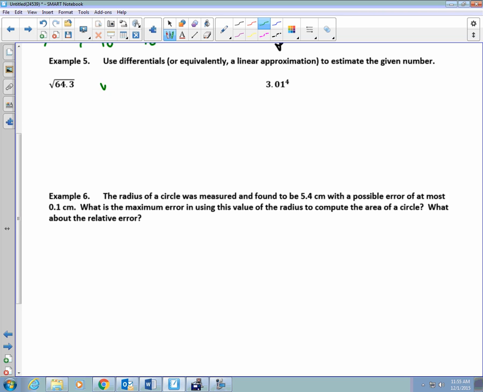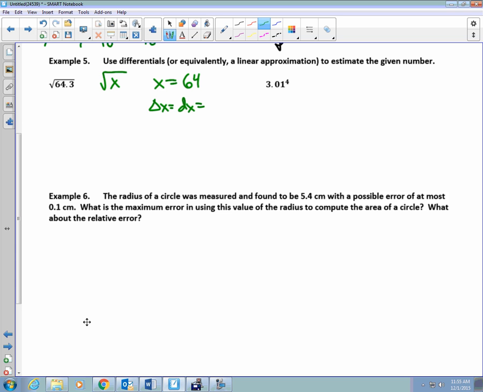I know that the square root of 64 is 8. So I'm going to choose a function, square root of x, and I'm going to choose an x value of 64. Who can tell me what delta x or dx is going to be in this situation?